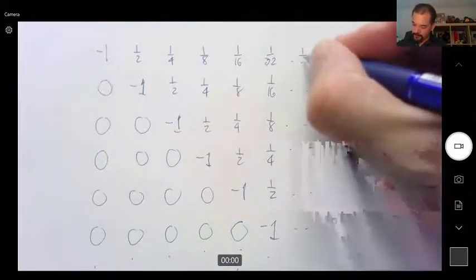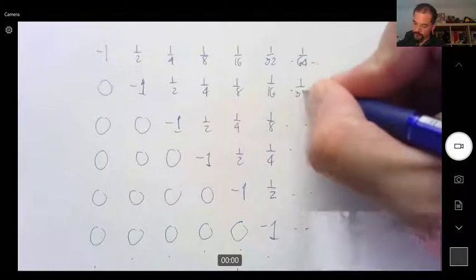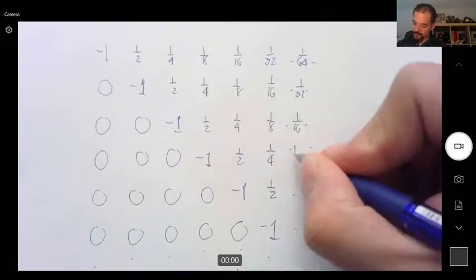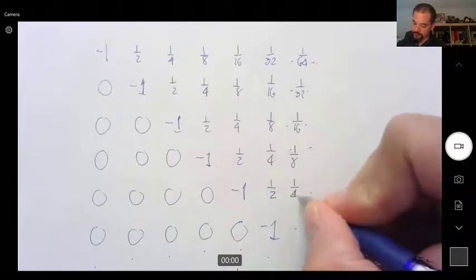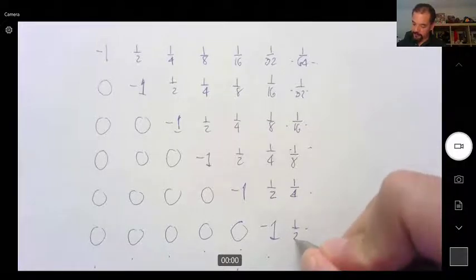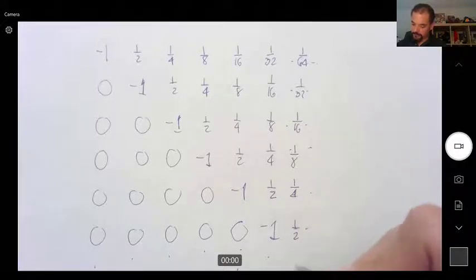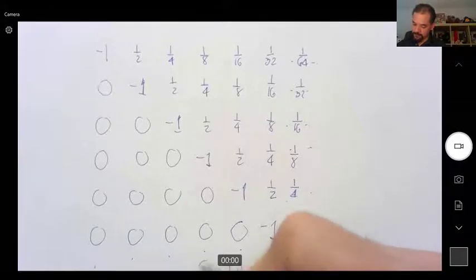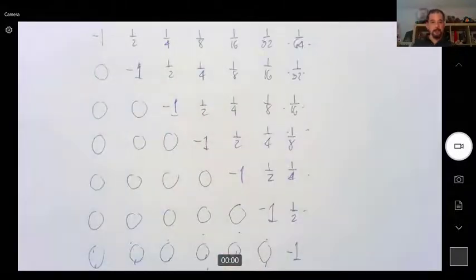If I were to write the next term, 1/2, and then this one would be -1, and these guys would be zeros, and so on. So I can keep writing it.